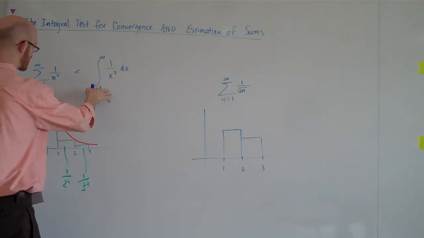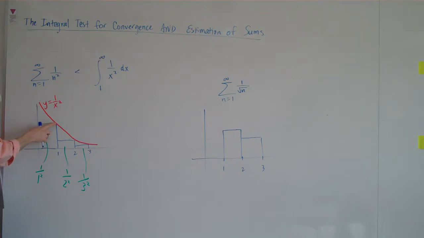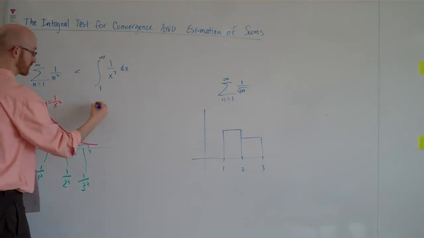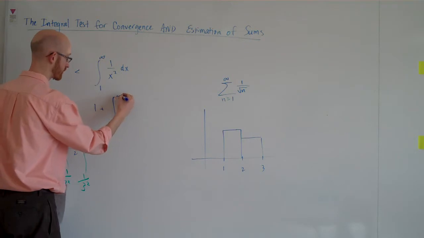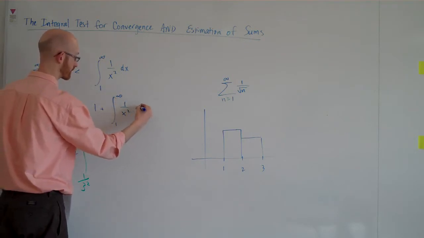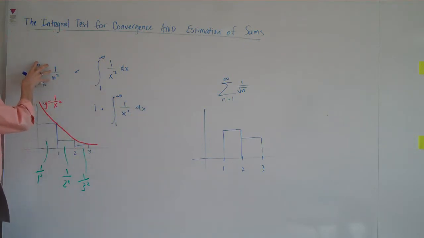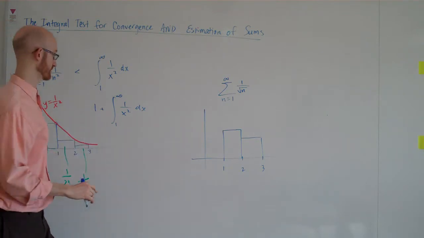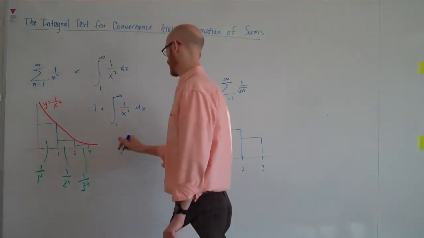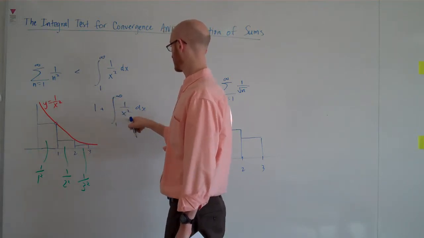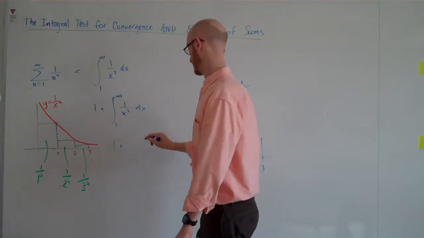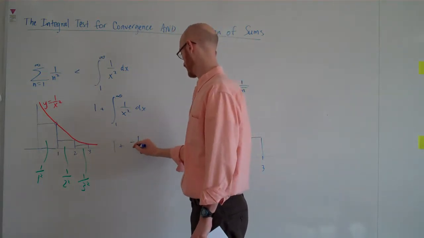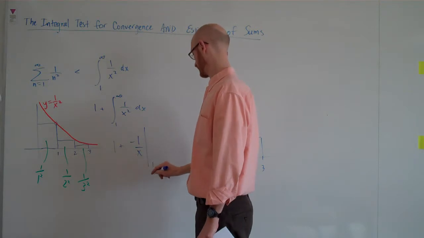Now what we're going to actually calculate is from 1 to infinity. You can see I've started you at that point right there. We'll add in this first area plus the integral from 1 to infinity, just to make sure we're adequately accounting for everything in this sum. So now we take 1 plus this integral, and that would be negative 1 over x from 1.